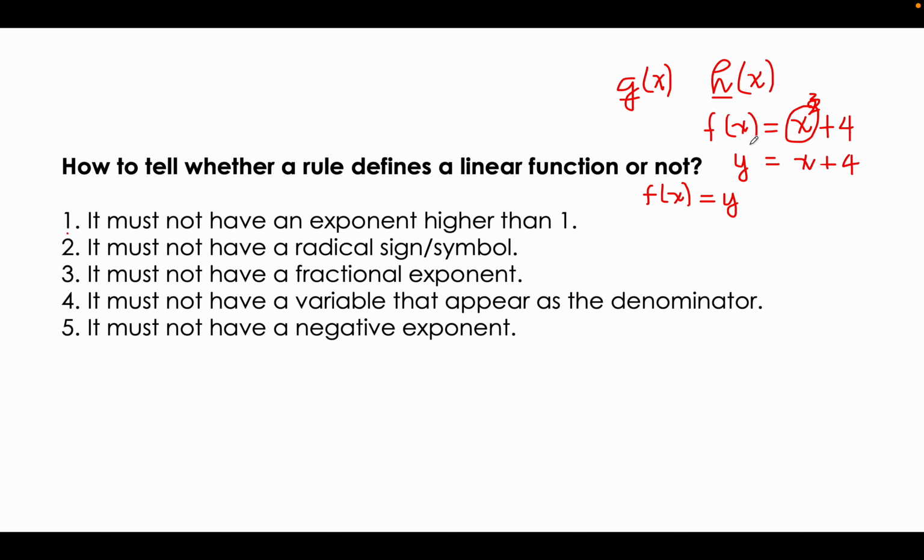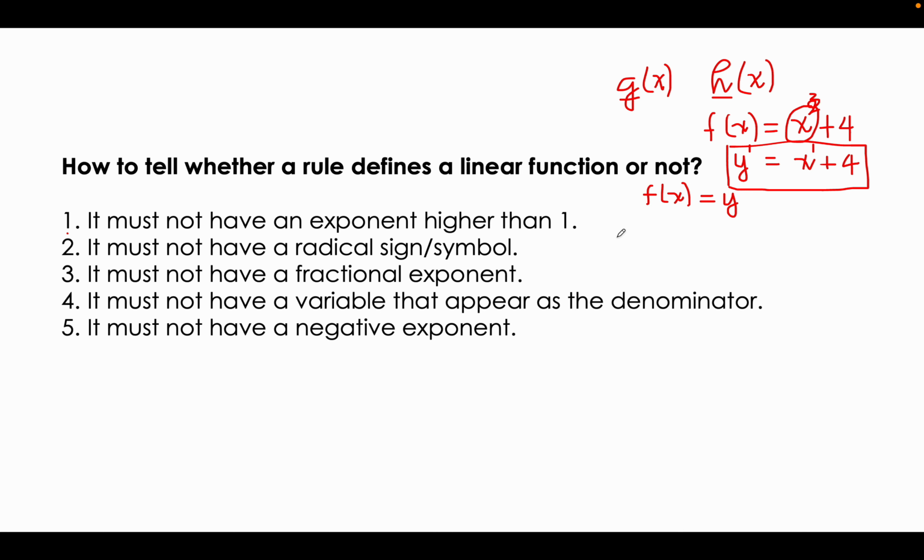So dapat pareho silang 1 na dalawa. So this is what we call linear equations in two variables. Okay? So linear equation na mayroong dalawang variables. In this case, we have x and y. Do you follow? Nasusundan ba?